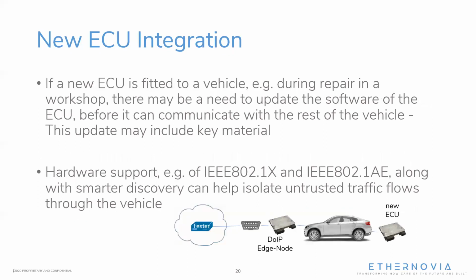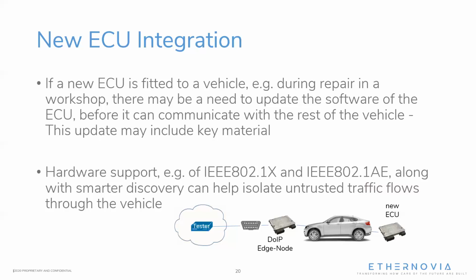The last topic that I want to cover is actually the integration of new Ethernet-based ECUs into a vehicle, for example, at a repair shop. And also the question is, how can we trust an ECU that is mounted sort of to the outside of the vehicle, that is easily accessible? How can we trust this ECU that there is no man in the middle that would actually benefit from a once open, where the ECU grants itself access to the vehicle and then somebody can take over that access?